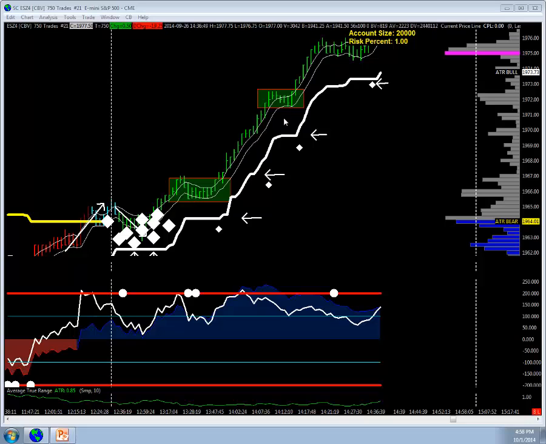Is there enough negative energy? Well, it may stop and pause a little bit, because you can see a little bit of volume up there, so the buyers encountered some resting limit orders to sell, but the momentum here never changed, did it?